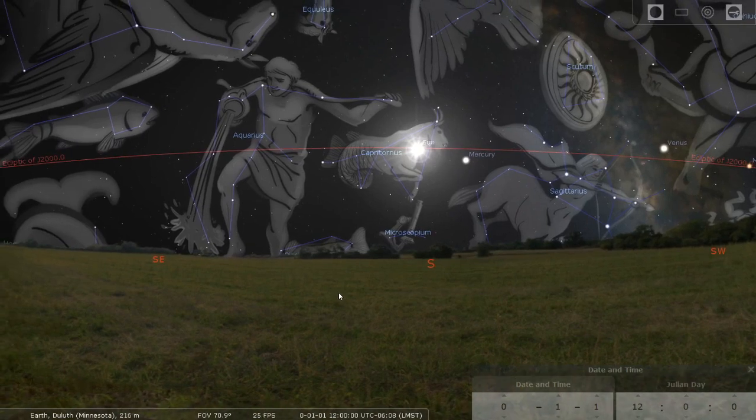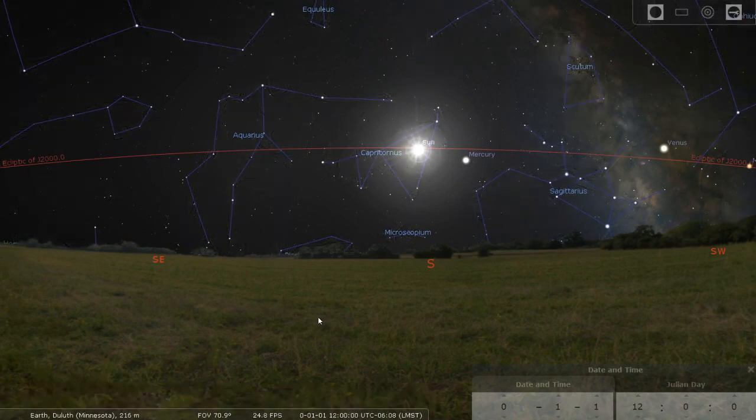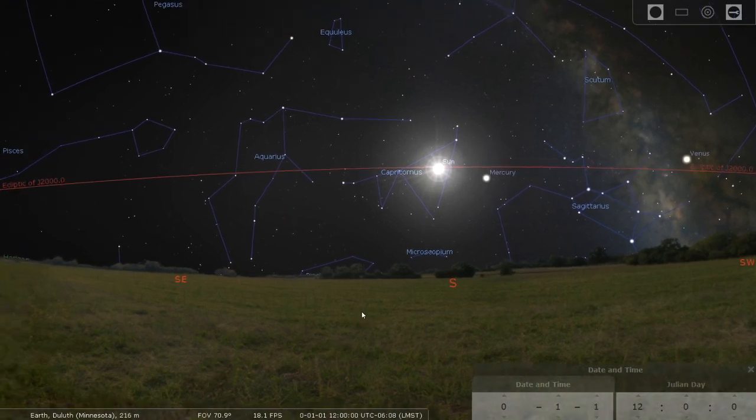But we're going to start off with this and take a look at the sun, because one of the base things you need to understand when talking about astrology or zodiac is how the sun appears to move throughout the sky. To make this easier for us to see, I have turned off our atmosphere so that we can actually see what stars are up during the day when the sun is up.